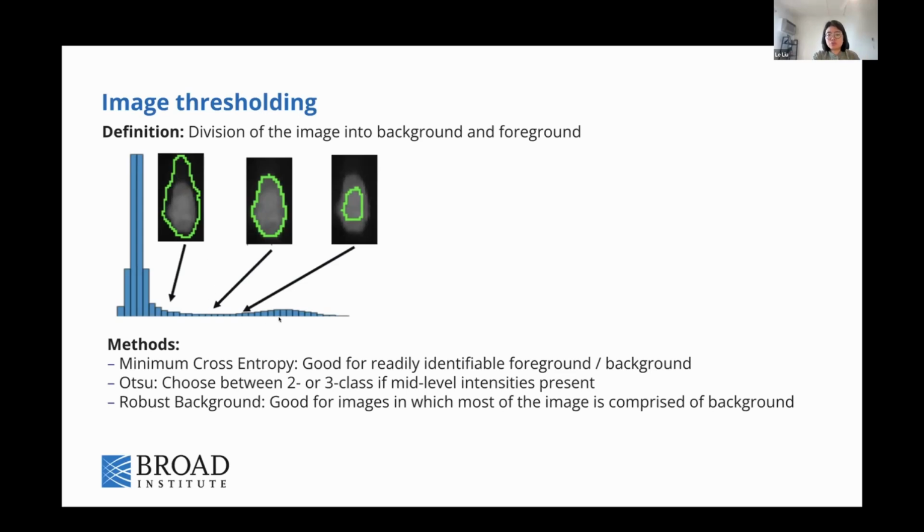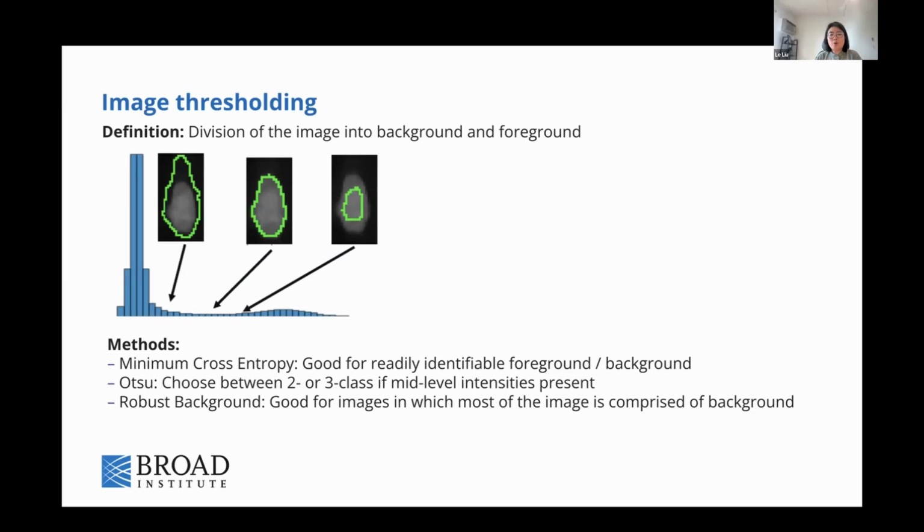But if you go too far away from the background, you get smaller objects than you expect. So again, it's important to check that your segmentation method segments the real objects.